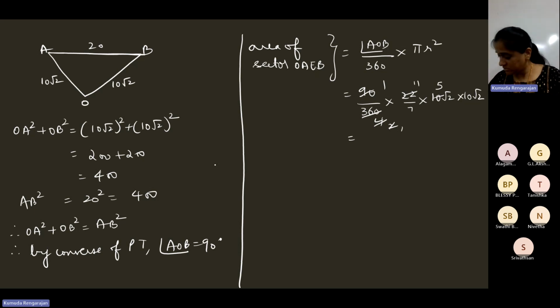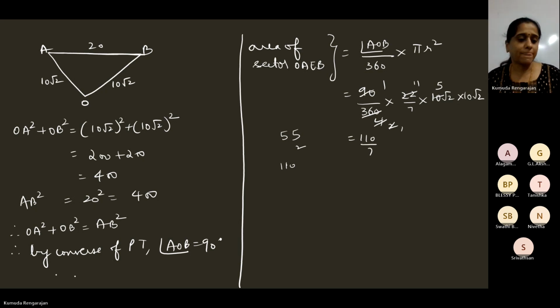It's not given, so I'll leave it as a fraction, okay? So 11 into 50, right? 11 into 5, 55. Then root 2 into root 2 is 2. So 110 by 7 centimeter square.